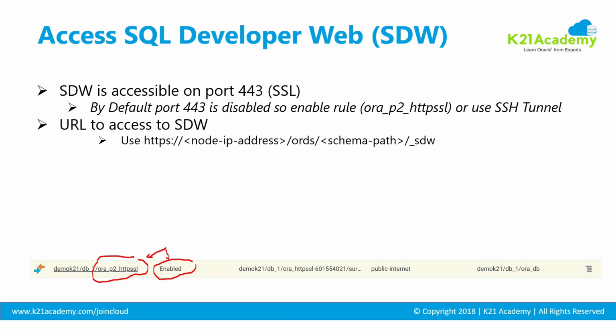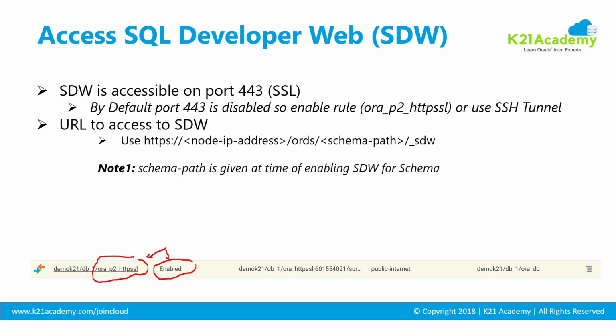The URL to access it is HTTPS, then the IP address or public IP address of the database cloud service account where it's running, then /ords, then the schema path, and then /_sdw. This is how you access SQL Developer.